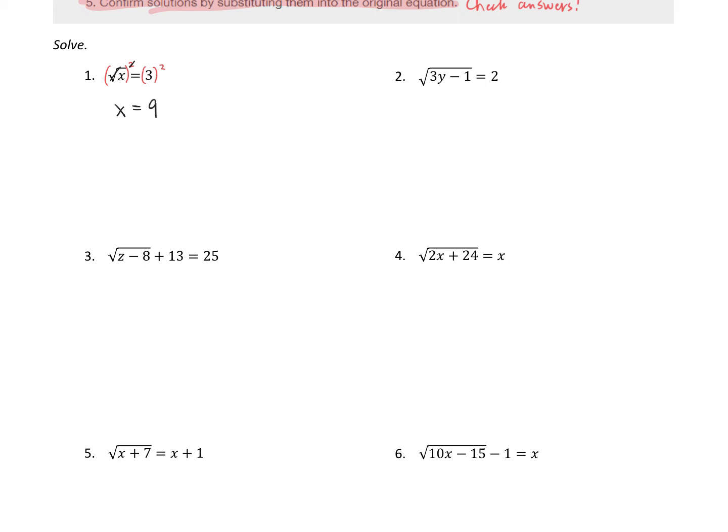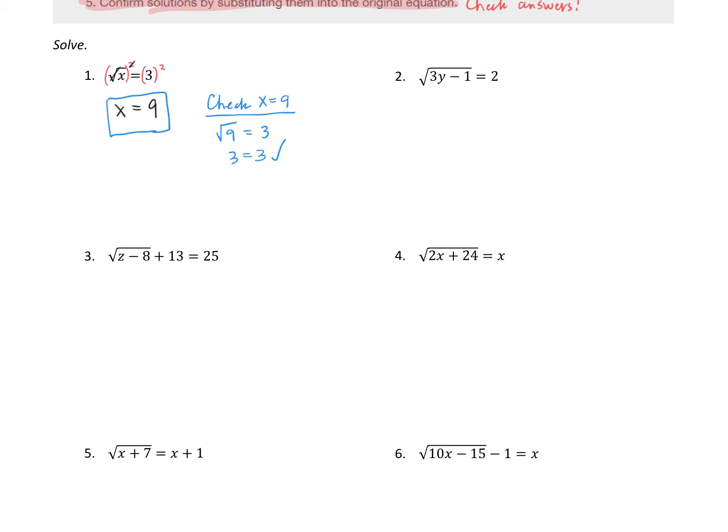And 3 squared is 9. I can check it, so I might as well get in the habit of doing that. So check x equals 9. Square root of 9 is equal to 3. Well, the square root of 9 is 3, so it works out. So this is, in fact, a solution.